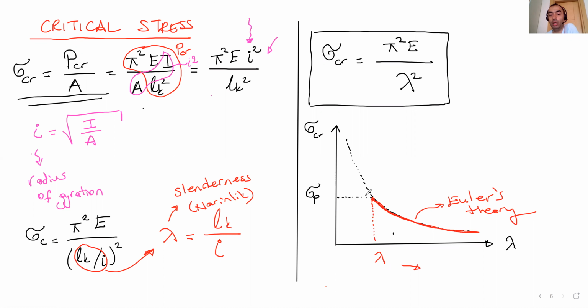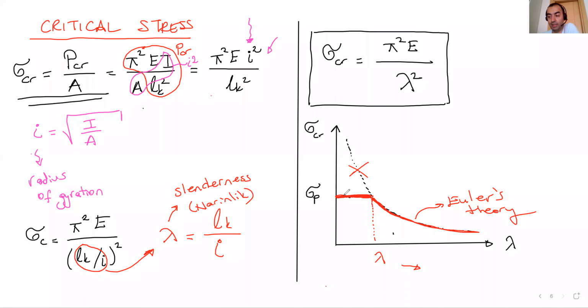So if our slenderness is less than this limit value, we are going to use a different method, because Euler's hyperbola goes like this, but here it doesn't work. We will use a different method. We have two methods to do it. I will explain now.